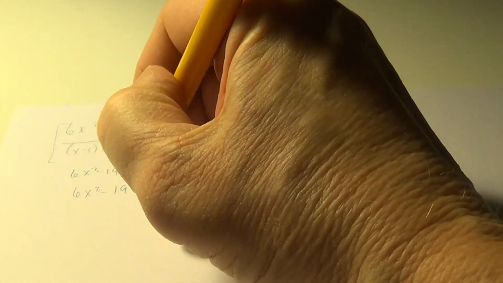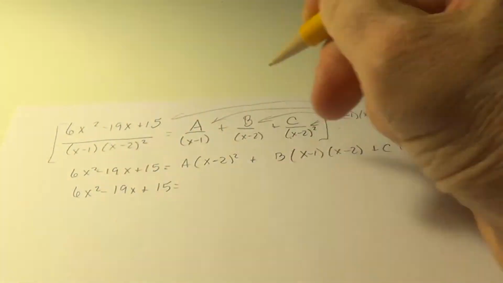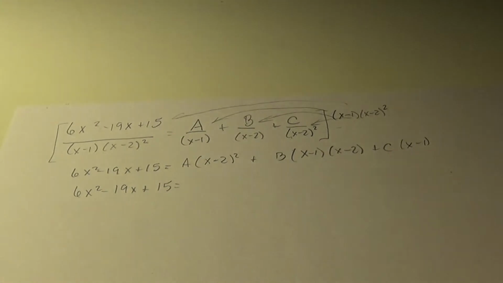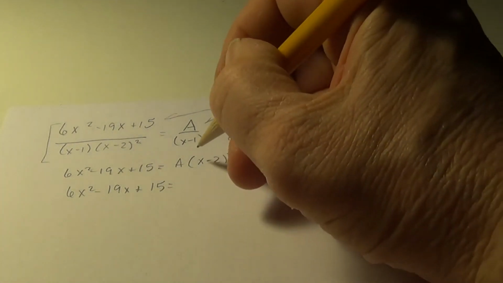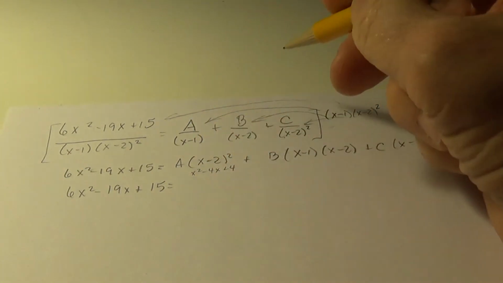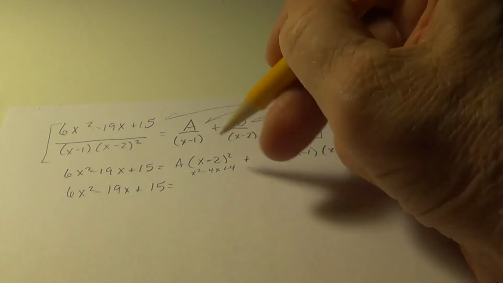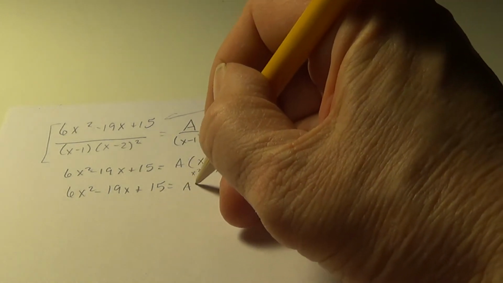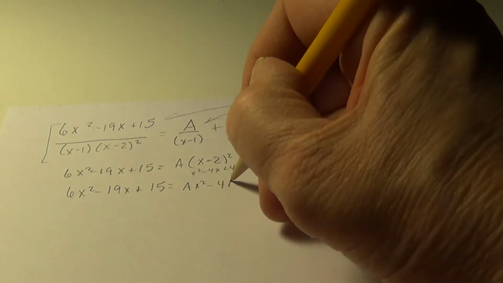Alright, as I said, I'm going to teach this one a little differently. So on the left, I'm going to leave that. When I get to the right, I'm going to actually multiply this out, which I didn't do on any of the others. So I know this is x squared minus 4x plus 4. So I'm going to distribute the A right now, combining steps.